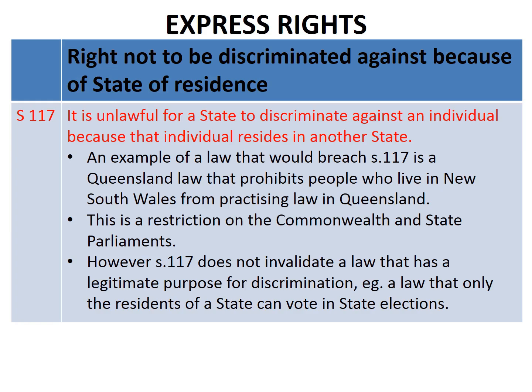So never write in a SAC or exam that the express rights only restrict the lawmaking powers of the Commonwealth Parliament. While the first three express rights only restrict the lawmaking powers of the Commonwealth Parliament, the last two express rights restrict the lawmaking powers of both the Commonwealth Parliament and the state parliaments.